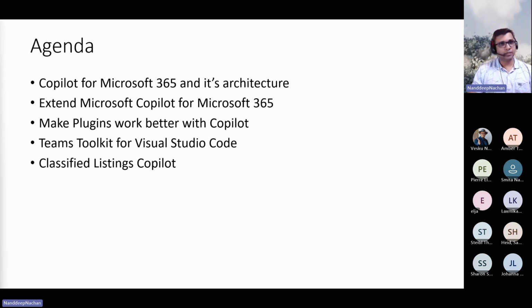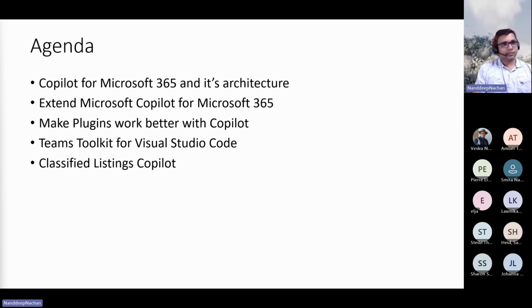We will make you aware of all the possible options by which you can extend Microsoft Copilot, but we will deep dive into creating a plugin with Teams Toolkit for Visual Studio Code. If you are a .NET developer, you can use Visual Studio as well, but we are going to demonstrate with Visual Studio Code, with open source tooling.